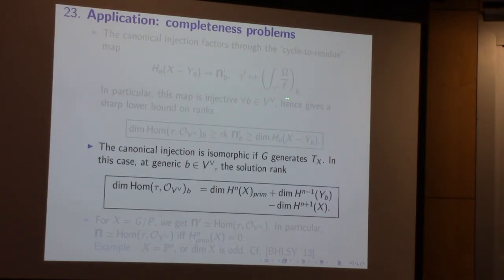Okay, and you specialize this bound to the case when G generates Tx, namely the homogeneous case. Then you get a formula for the dimension of the solution sheaf, given by the middle primitive cohomology plus this alternating sum. This is a simple calculation using the Gysin sequence.